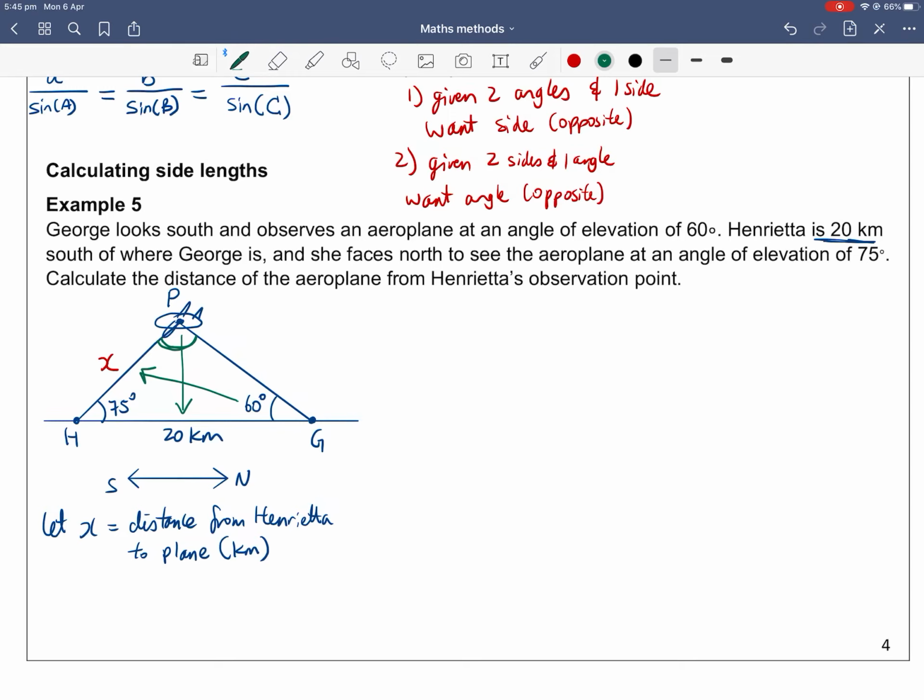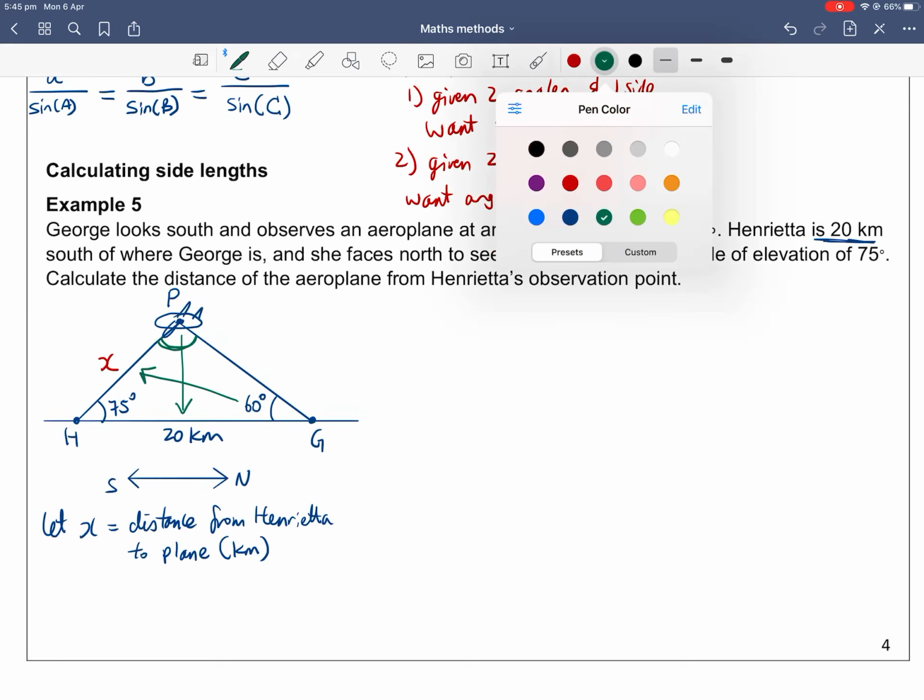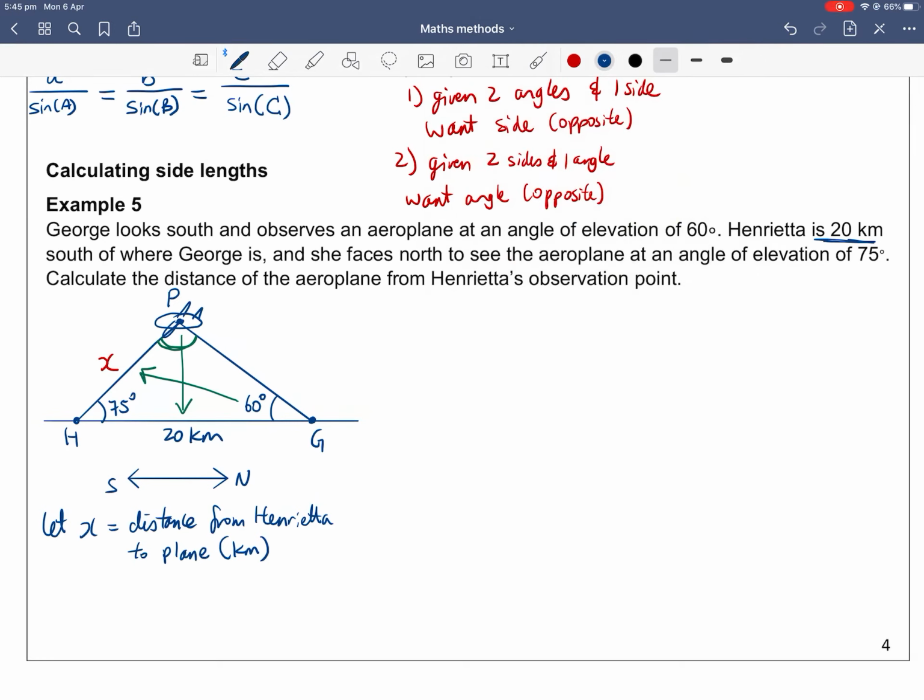So can we work out what that green angle P is? Well, yes, because the total sum of angles in a triangle is 180 degrees. So we can work out definitely what that green angle is.